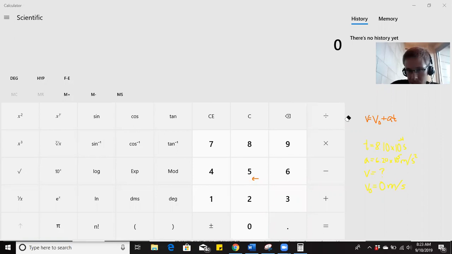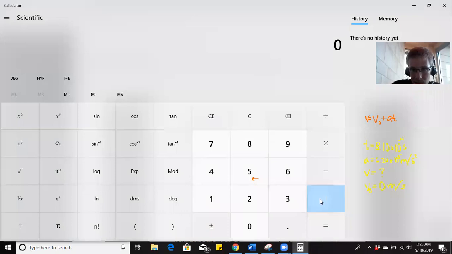So I'm going to type in v naught plus a times t. My v naught was 0, so 0 plus my acceleration, which was 6.20 times 10 to the 5th. I'm going to put that in parentheses because it's a scientific notation number, times 10 to the 5th, close parentheses.